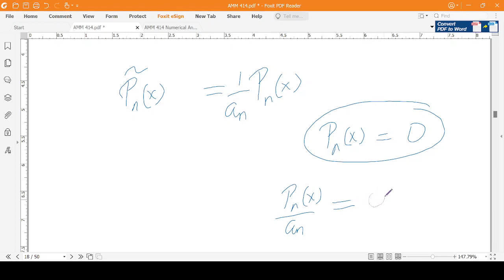This will be just equals to 0 again. So the roots will be the same. The roots will not change.